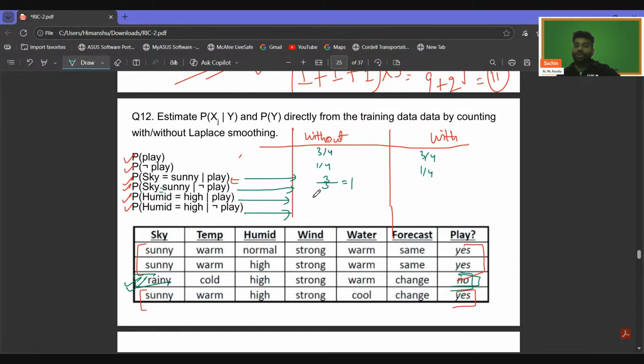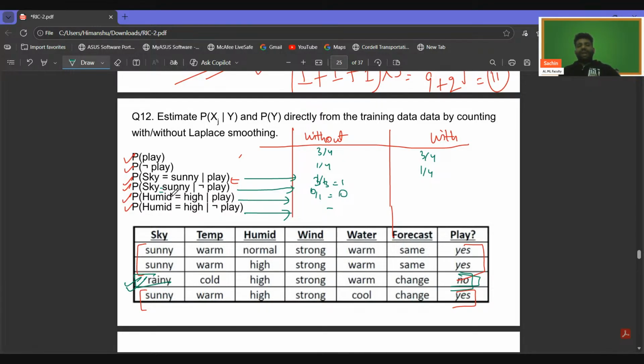It's 0 by 1, which is 0. So this was 1 by 1, 3 by 3 giving me 1. This was 0 by 1 giving me 0. I hope you could get this.